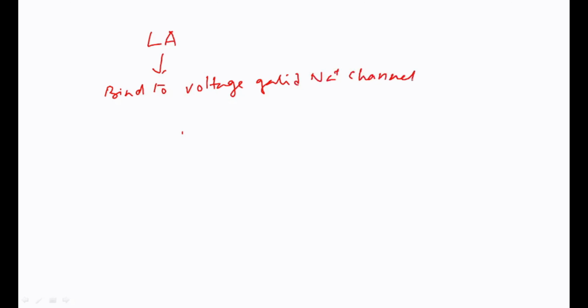If we are discussing the local anesthetic mechanism in brief, local anesthetics bind to the voltage-gated sodium channel, of course when it is in the activated form, and thereby block the voltage-gated sodium channel.